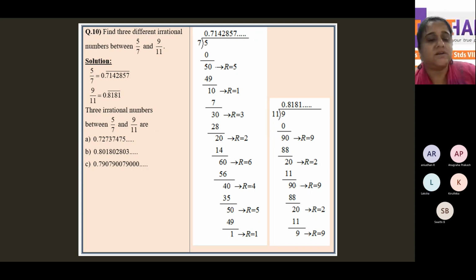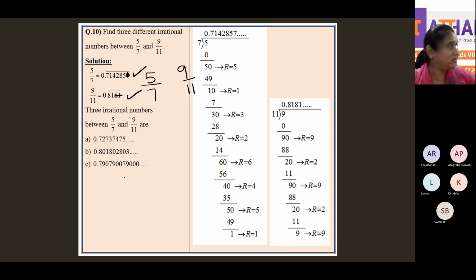Okay, so to insert or to write 3 irrational numbers between 5 by 7 and 9 by 11, we need to first find the decimal expansion of 5 by 7 and the decimal expansion of 9 by 11. That is the first step. So now here we've got the decimal expansions. Now we need to write irrational numbers between these two.